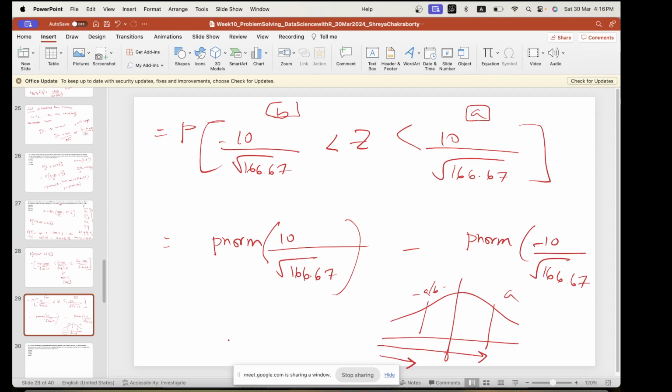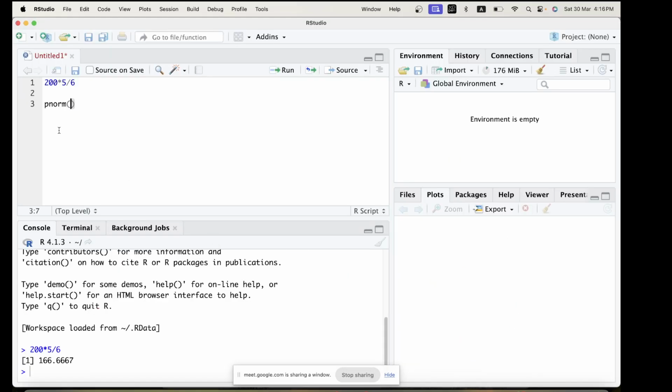So p norm 10 by square root of 166.67 minus p norm of minus 10 by square root of 166.67.